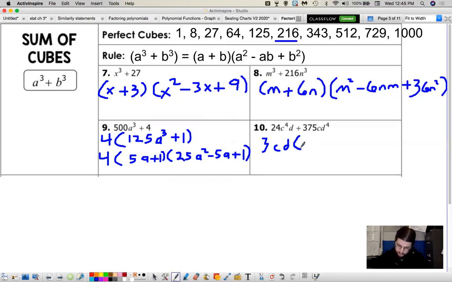Second. So GCF, that leaves me with 8C cubed plus 125D cubed.